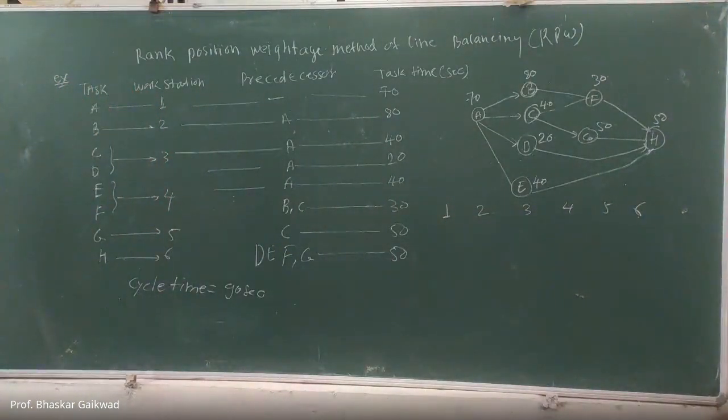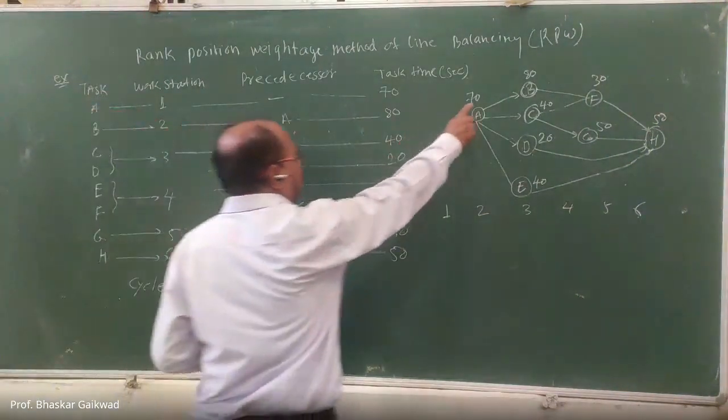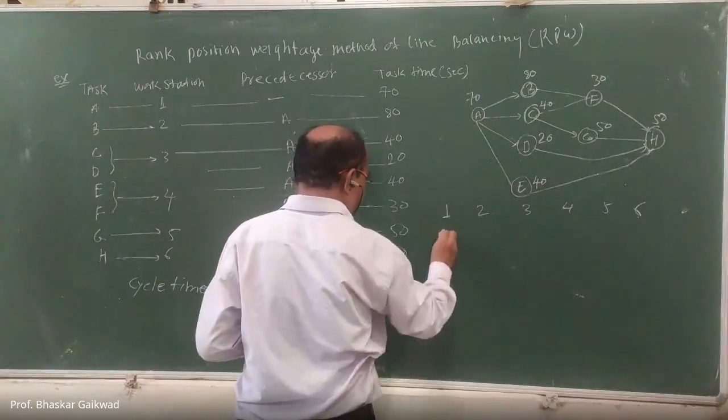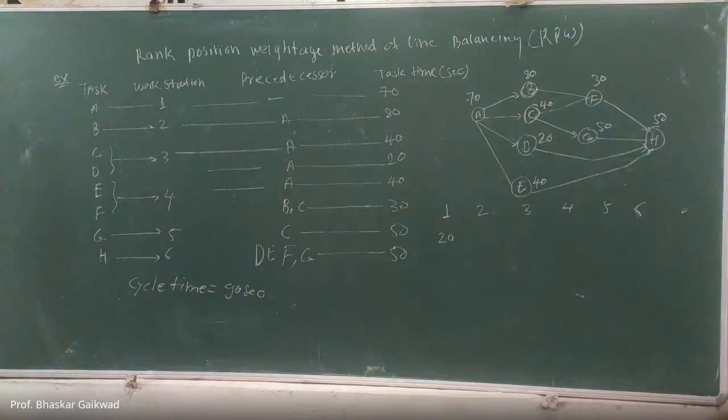So station number one, event is 70. So what is the idle time here? Our cycle time is 90. Then next station number two.